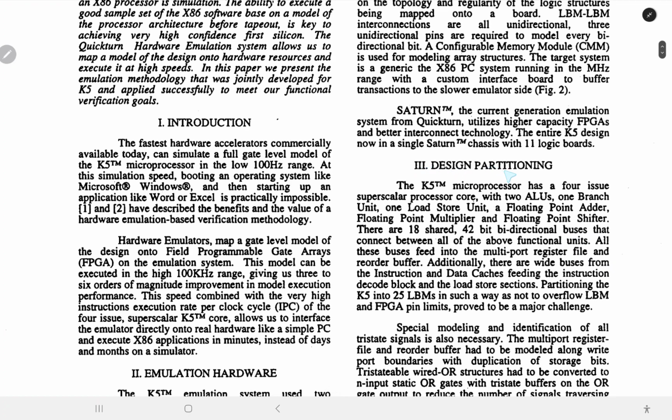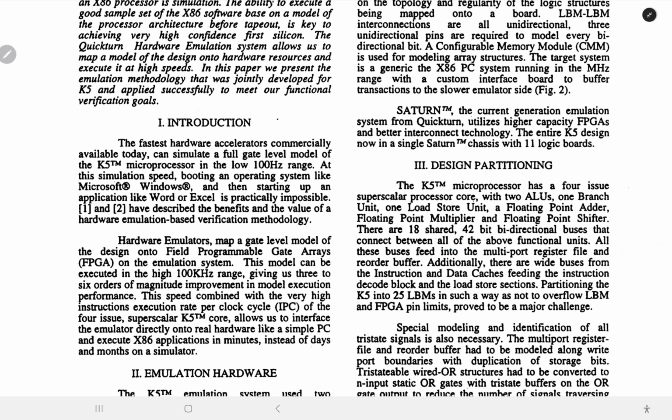3. Design partitioning. The K5 microprocessor has a 4-issue superscalar core with 2 ALUs, a branch unit, a load store unit, a floating point adder, a floating point multiplier, and a floating point shifter. There are 16 shared 42-bit bidirectional buses that connect between all of the above function units.